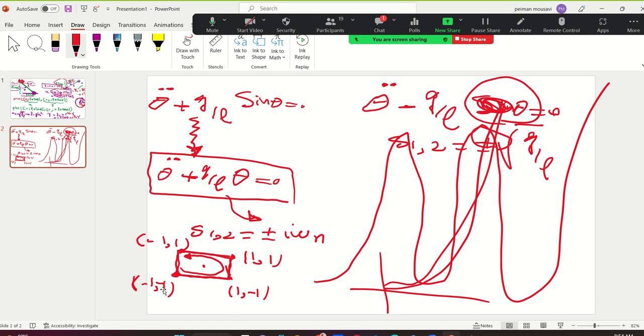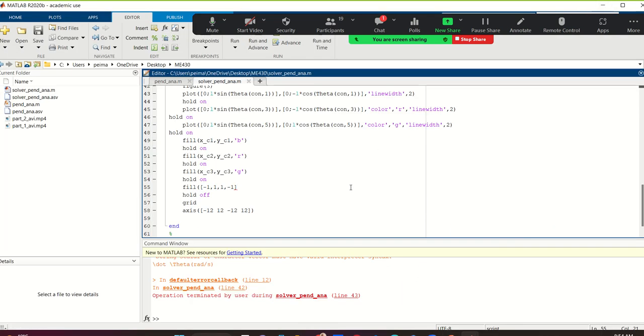So the y's are -1, -1, 1, 1. I'm saying to fill it with the color black. Black in MATLAB is k.